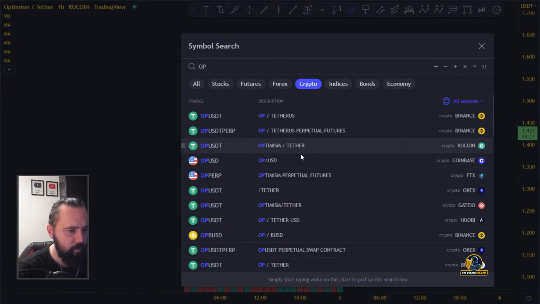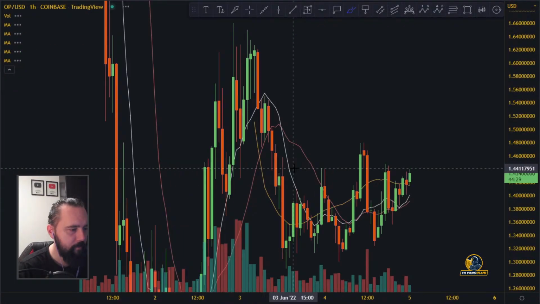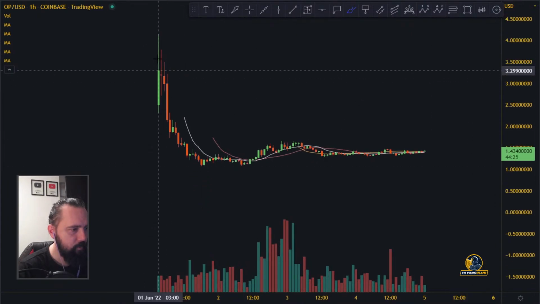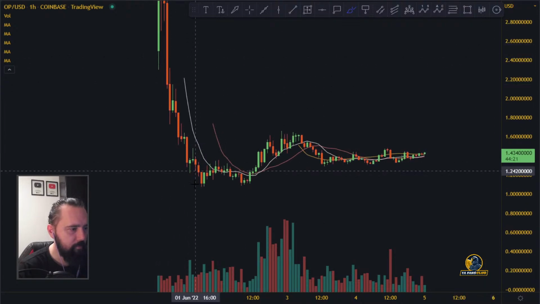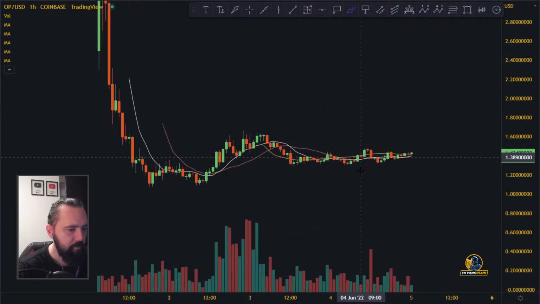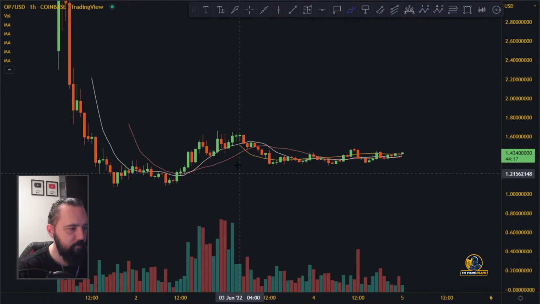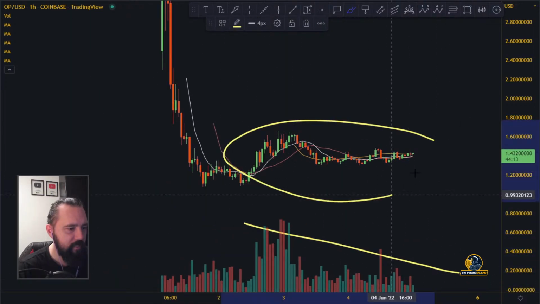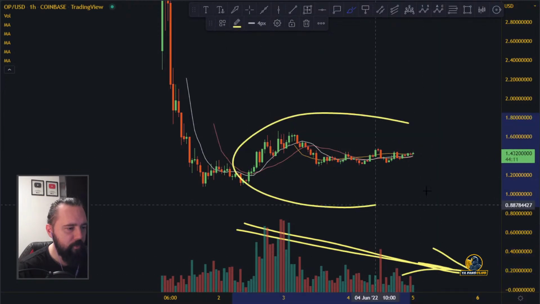Let's see somewhere else. Coinbase. What happened with Coinbase, man? Started at 3. They dumped big time on Coinbase. But here as well, the same kind of volume: a lot of volume up here, little volume down there. The volume is low, but the volume should go down when you are going into consolidation.